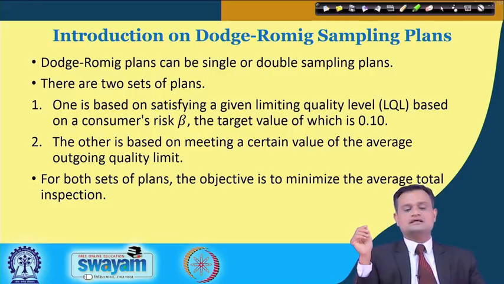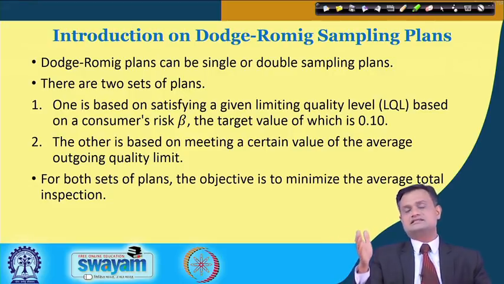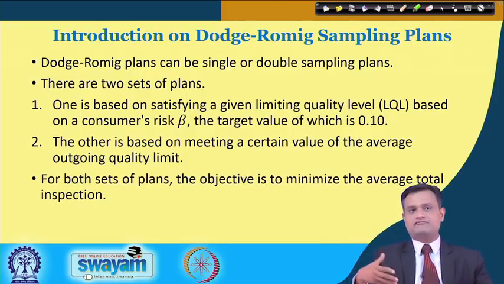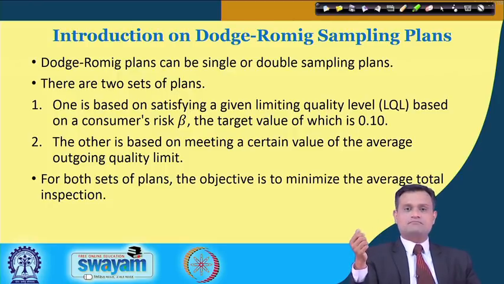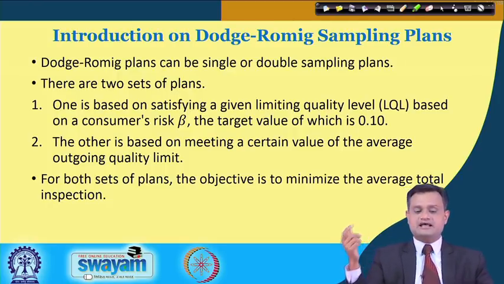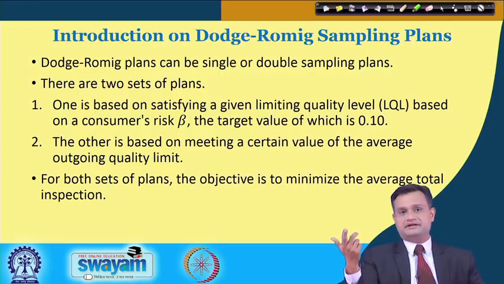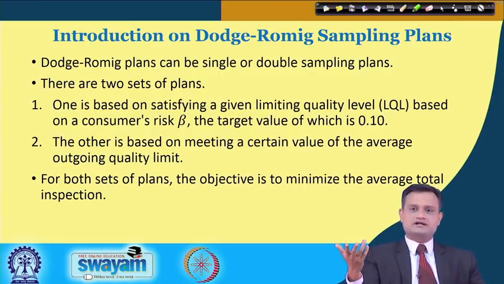One is based on satisfying a given LQL, that is limiting quality level, specific to my consumer risk beta, and the target value usually is 0.1 that we are following, and the second set of plans is based on meeting a certain value of average outgoing quality limit. So, I have two different sets of plans.